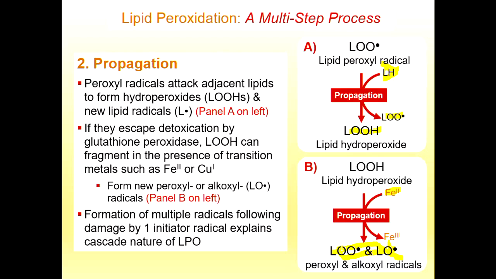And so we're now getting multiple free radicals being formed from one initial damaging event by a hydroxyl radical on a single lipid. Now it's cascading through the lipid membrane. So you see why this is so nasty and damaging to cells, because we're getting multiple lipids formed from an initial single initiation event.